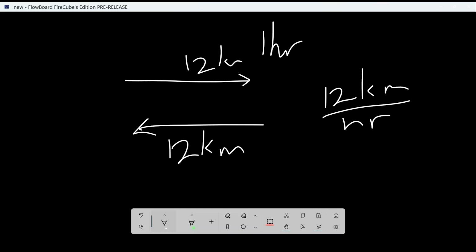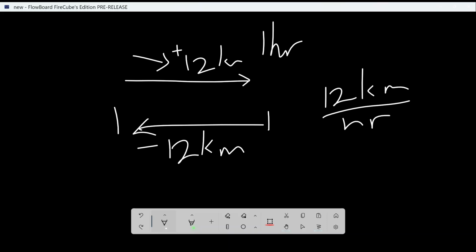But what's the difference with velocity? For this first situation, we're going to say that you've moved 12 kilometers in the positive direction. In a different direction, if you move from here to here, your displacement won't just be 12, it will actually be minus 12.